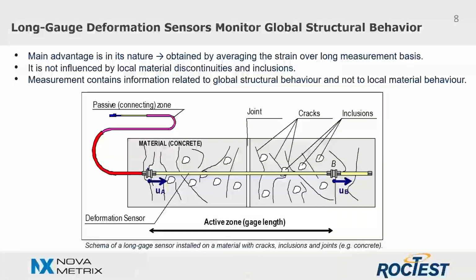So the measurements contain information related to the global structural behavior and not to the local material behavior that is typically provided by short gauge sensors. The information provided with long gauge sensors is therefore more representative of the global condition of the entire structure.